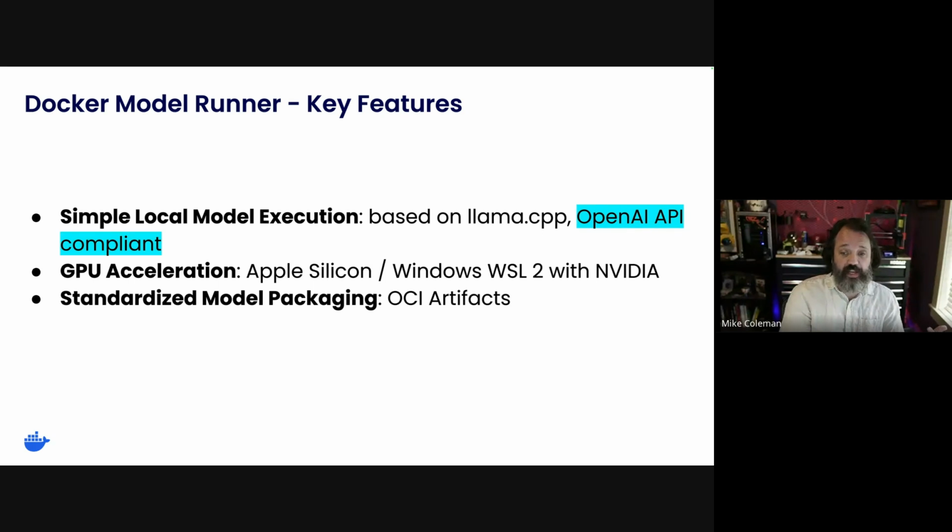So you go to Hugging Face, you grab a model, and it's in GGUF format. You can then use the docker model command to package that up, and then you can docker push that model onto your Docker Hub account. Maybe you fine tune it or whatever you do, and then you push it up there. So that's what the artifacts are for.